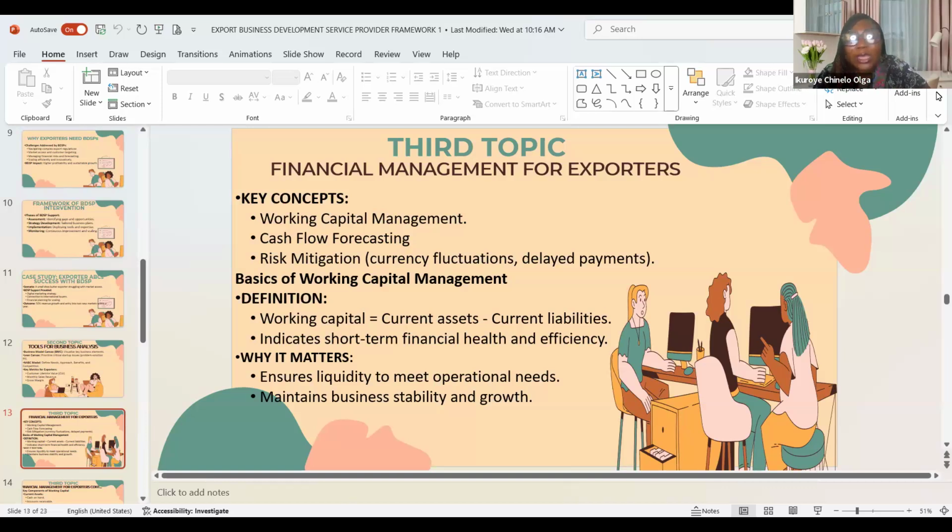So what you have is minus what your liabilities are. It helps you indicate short-term financial health and efficiency. And why does it matter? It matters because it ensures liquidity to meet operational needs and it maintains business stability and growth. So that's for your businesses, that it should maintain business stability and growth.